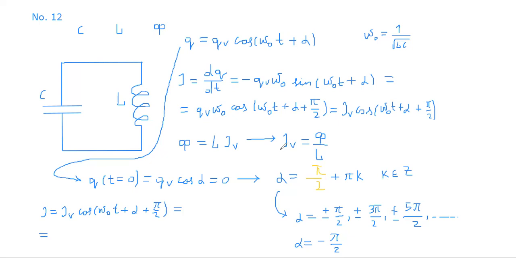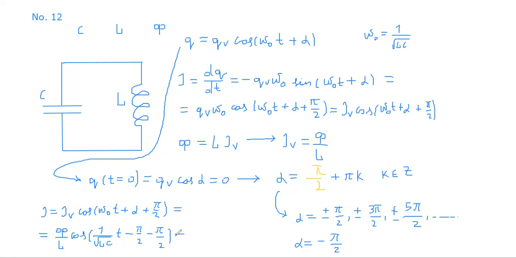and this is equal to, let's write, Phi divided by L, inductance, cosine of 1 divided by the square root of LC times t minus pi divided by 2 plus pi divided by 2.